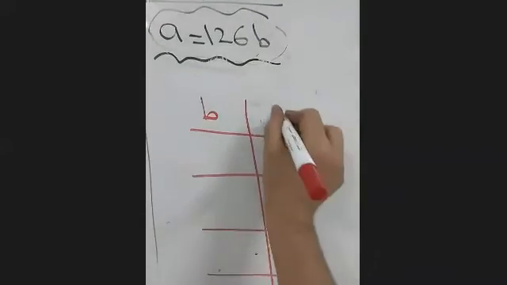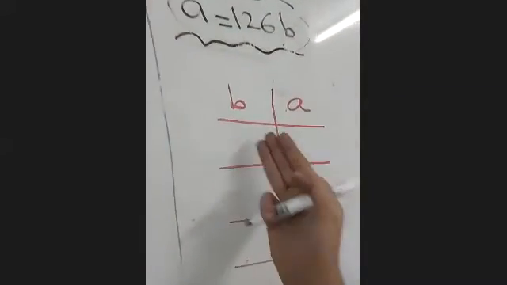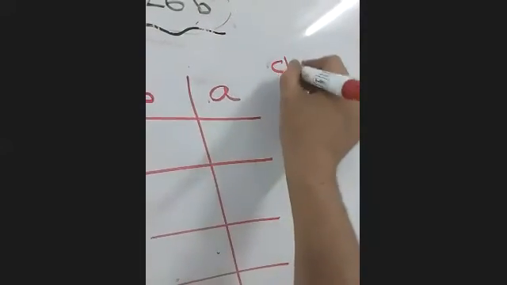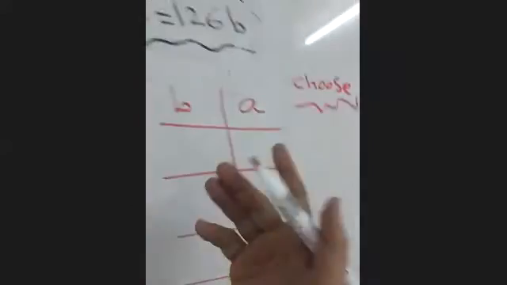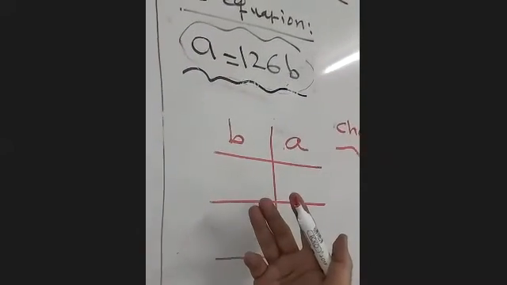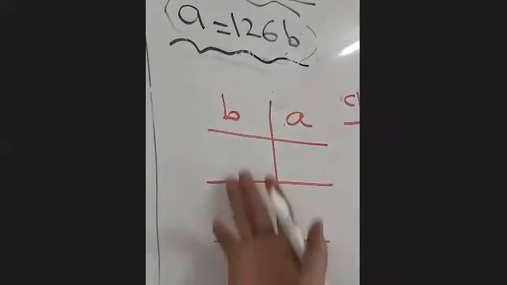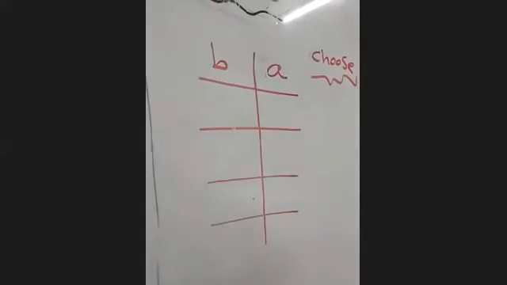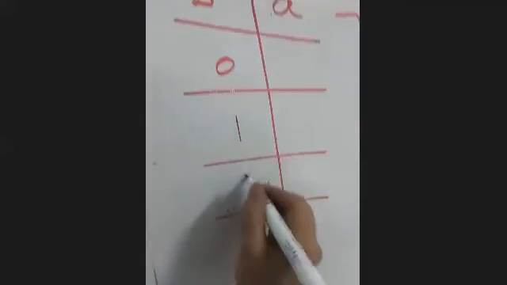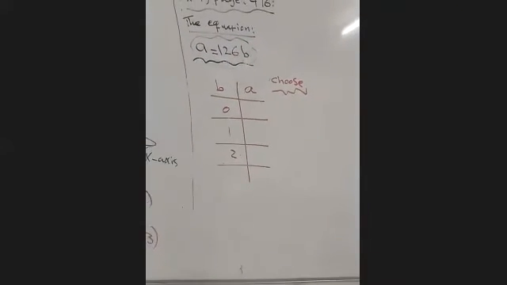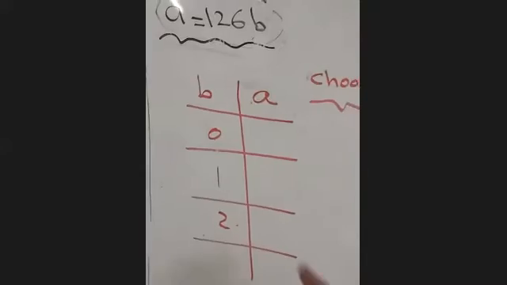A. Now here, I will choose numbers for B. The book chose 3 numbers for you: 0, 1, and 2. These numbers are chosen, guys. You can choose other numbers, but to make the calculations easy, they chose 0, 1, 2. It's easy, right?